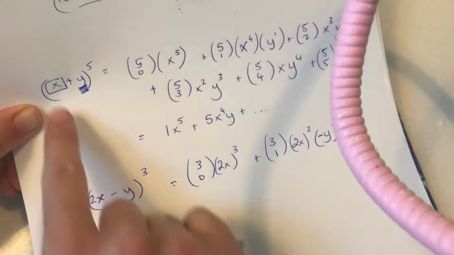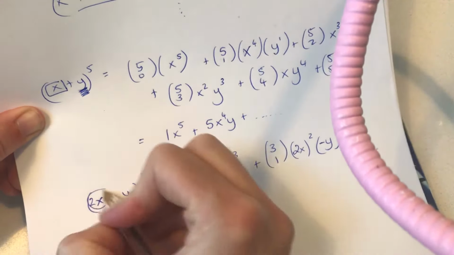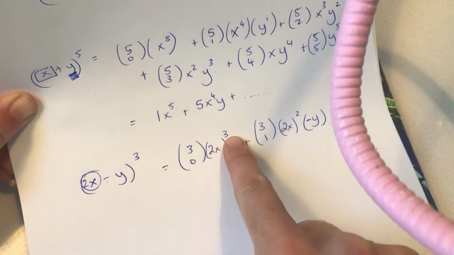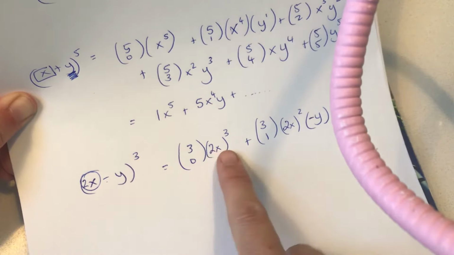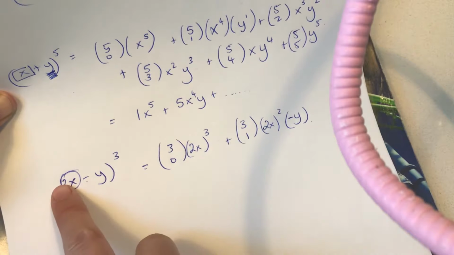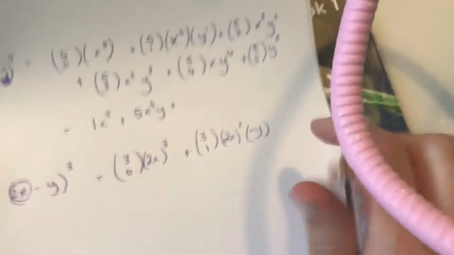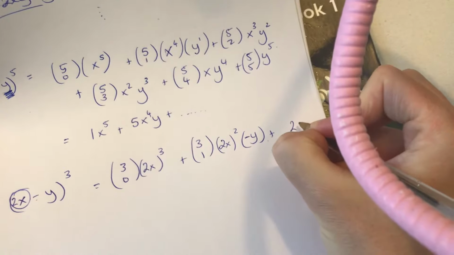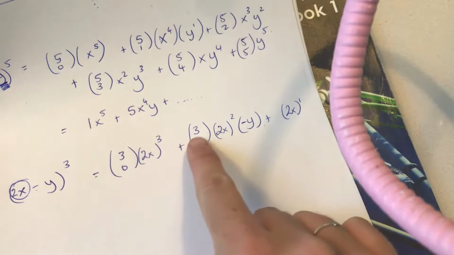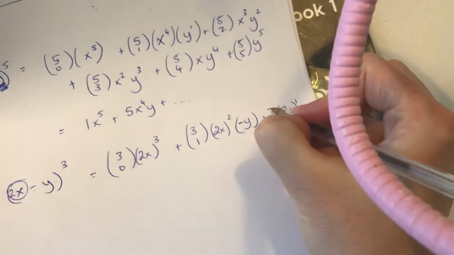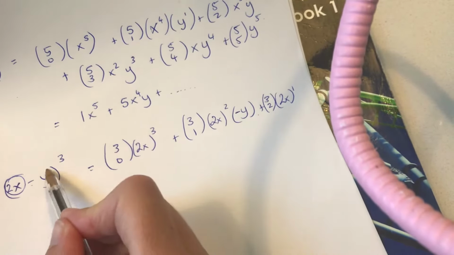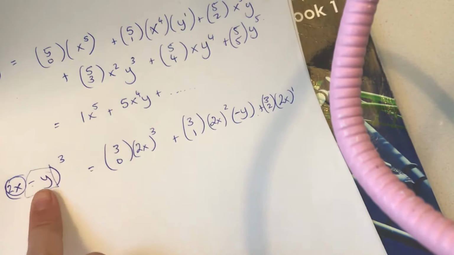In this one, the first one is a 2x. So it's the first thing to the power of n, which is 3 in this situation. So it's 2x to the power 3, then 2x to the power 2, then 2x to the power of 1. We're looking at 3 choose 0, plus 3 choose 1, and now 3 choose 2. The second one is a minus y.